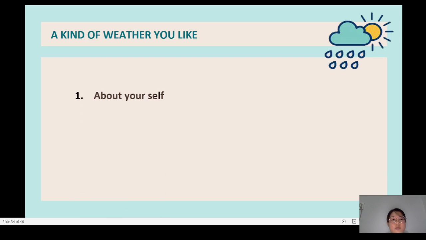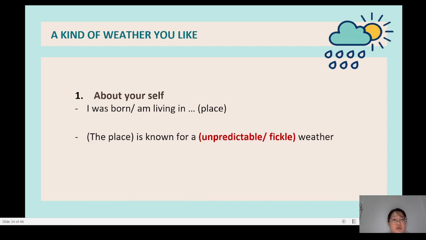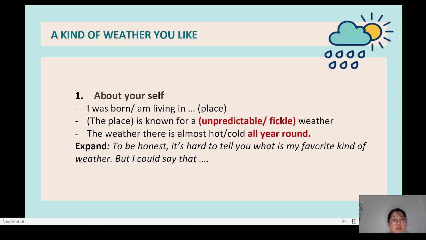And now we move to my example for the first question, where you will say about yourself or your experience in this weather. You can see some available structures that I have prepared. You can talk about where you are living or where you were born and the kind of weather there and its overall features.